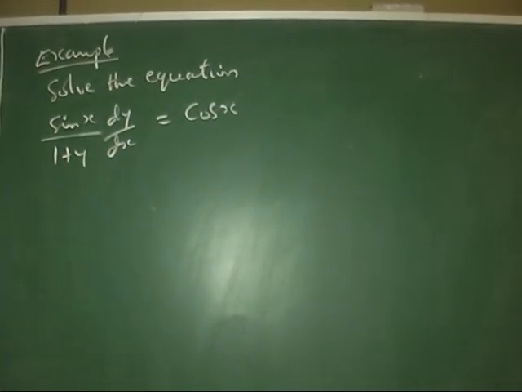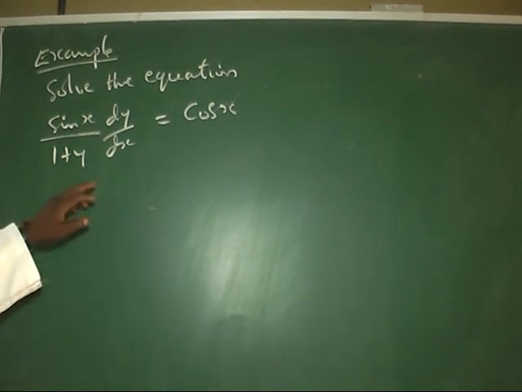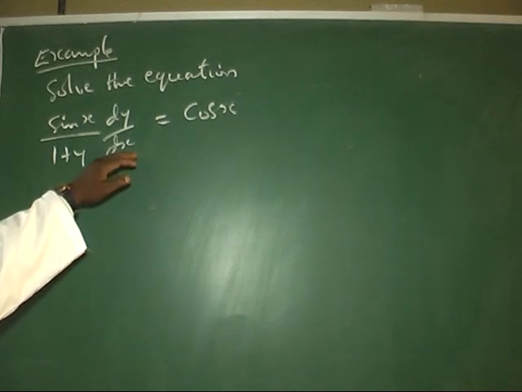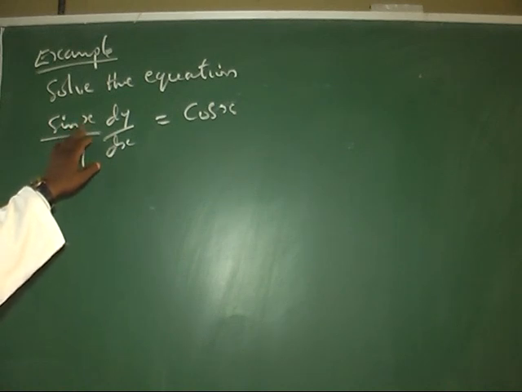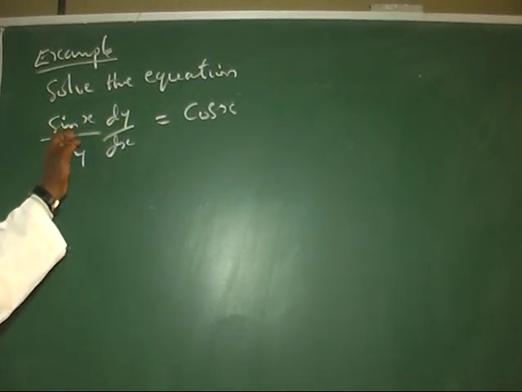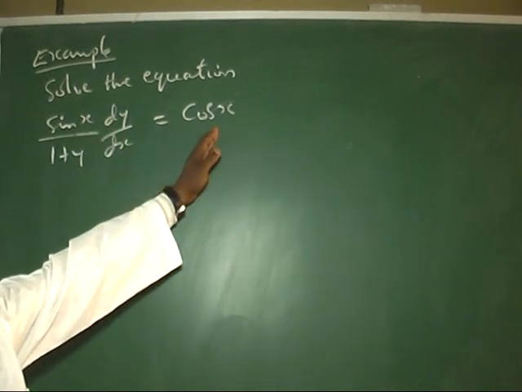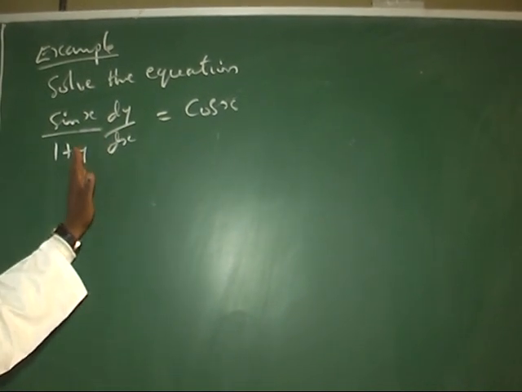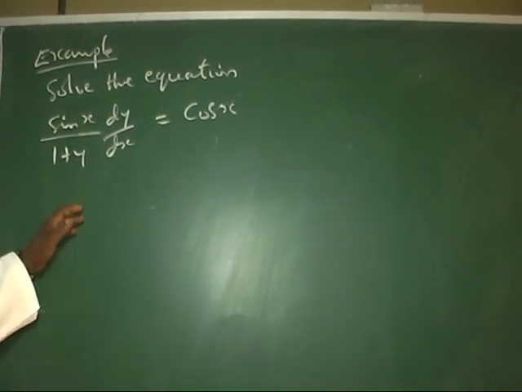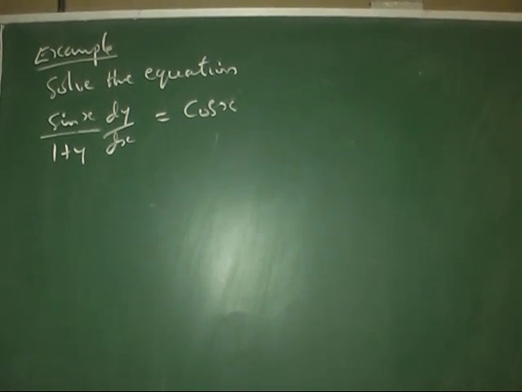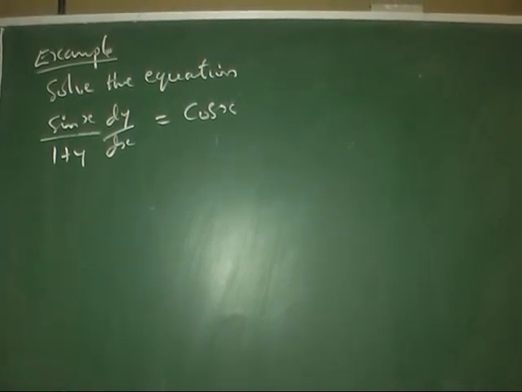Now, we see that this equation, because of the way it is, that sin x here, sin is a function of x, which we know, and this is y. I mean that sin x, we can separate this to be this way, so that we'll have y function this way and have x. Then we can now integrate it. You know, this function as it is is a function that you cannot integrate directly.